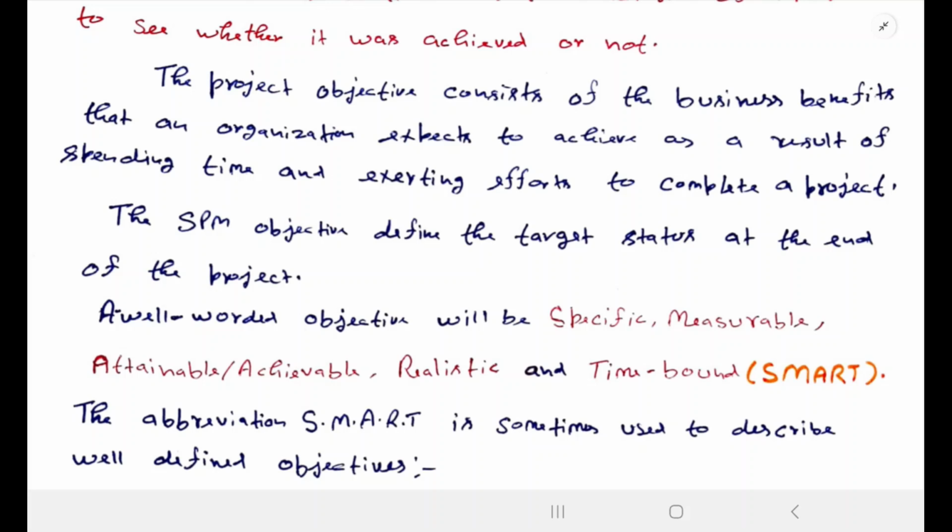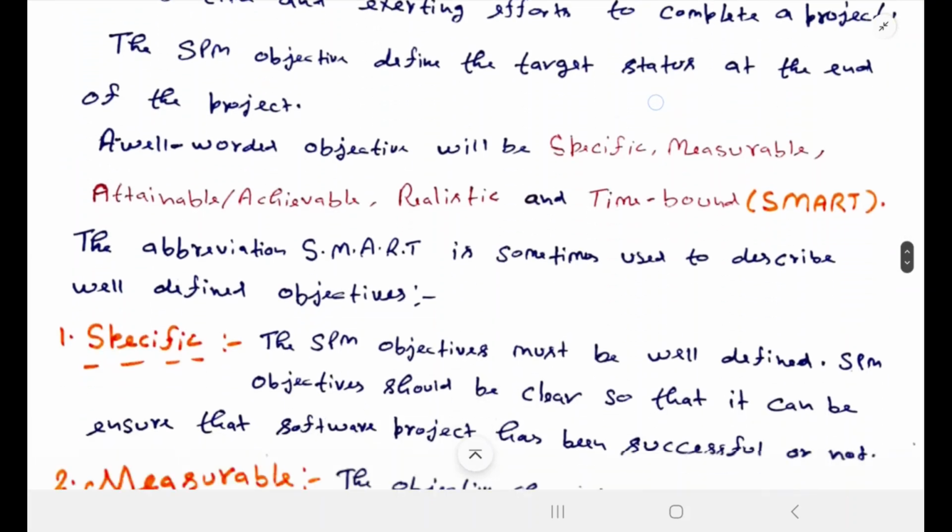The SPM objectives define the target status at the end of the project. A well worded objective will be specific, measurable, attainable, or we can say achievable, realistic and time bound. All these will be abbreviated as SMART.